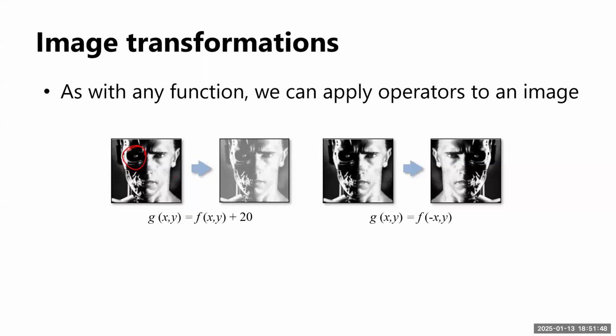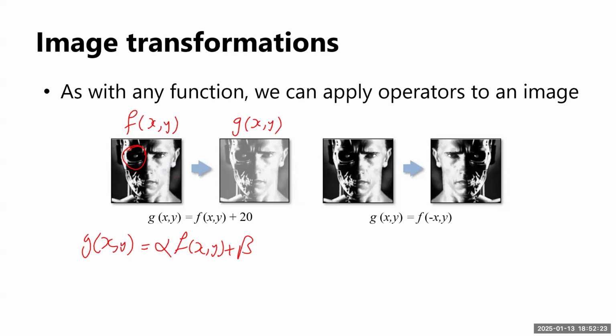One technique, we call it the alpha beta technique. What is the meaning of that? Listen, I will generate a new image, which is the G. So this is the original one, which is F. The G of X and Y will be equal alpha F of X, Y plus beta.